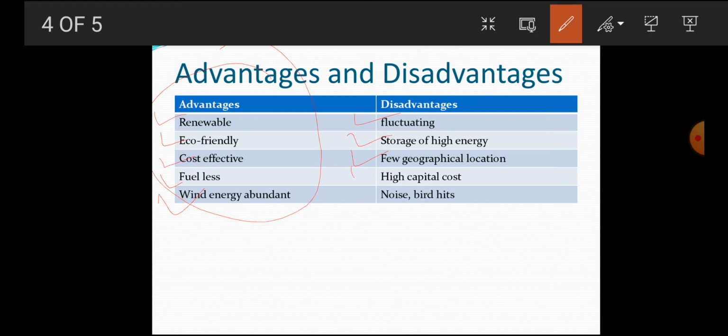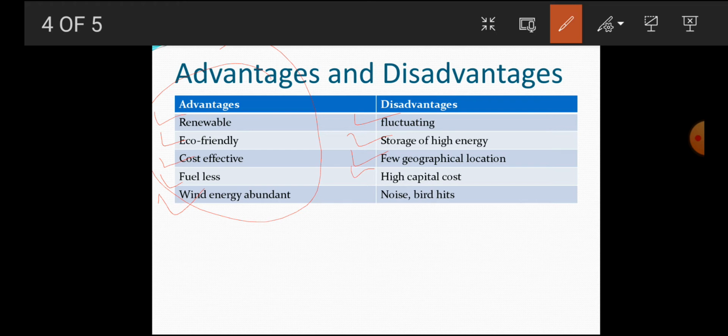At present it is about 3.5 crores per megawatt. So to install 1 megawatt, it is 3.5 crores. So it is very much higher than harnessing sunlight.